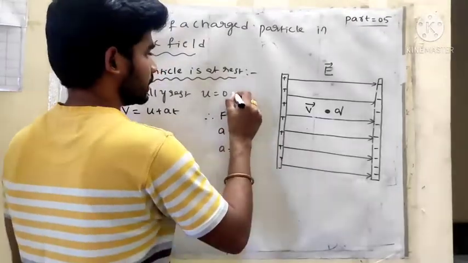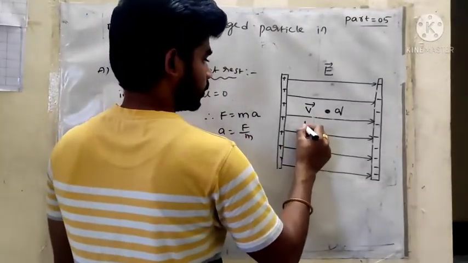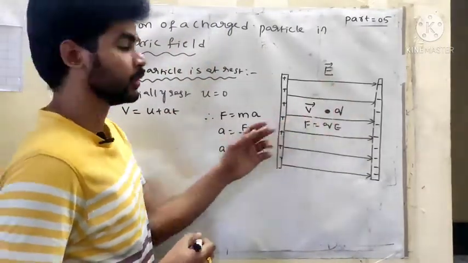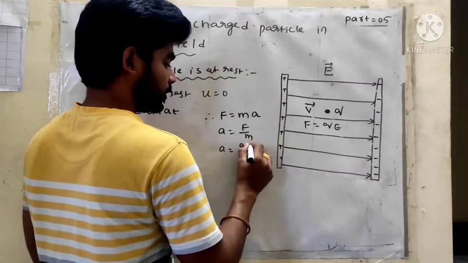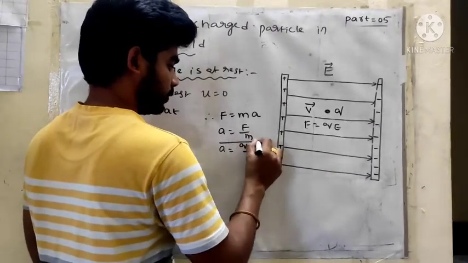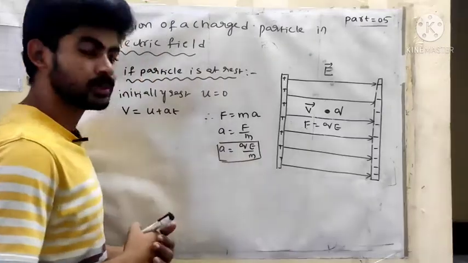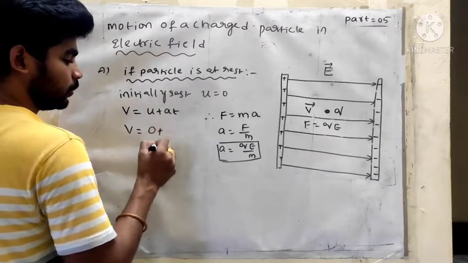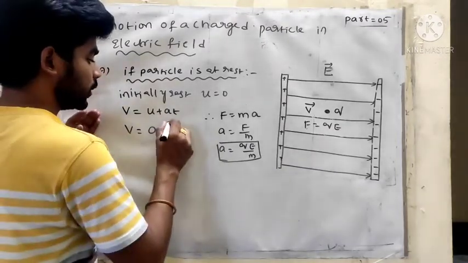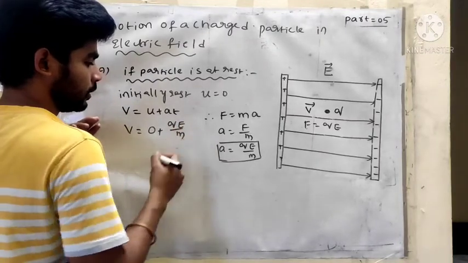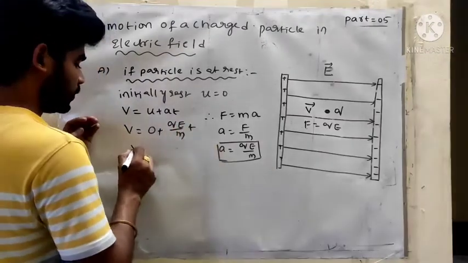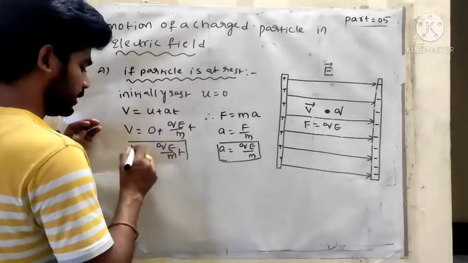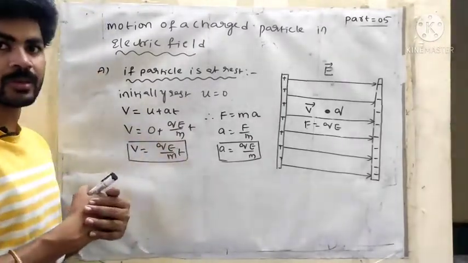We know the force in a uniform electric field is F is equal to QE, so a is equal to QE by m. Substituting, v is equal to 0 plus QE by m into t. So the velocity finally is QE by m into t.